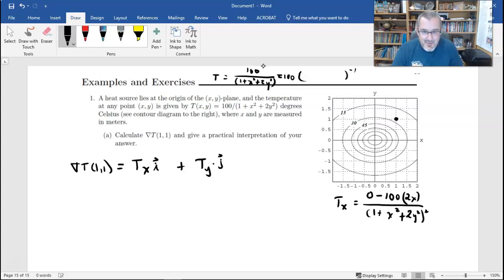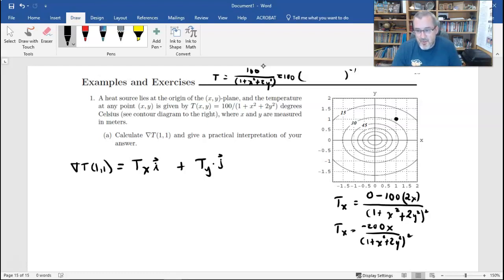We like to say it this way, low d high minus high d low all over the square of what's below, if you want to rhyme it. So really this becomes, if we simplify, negative 200x over that denominator squared.